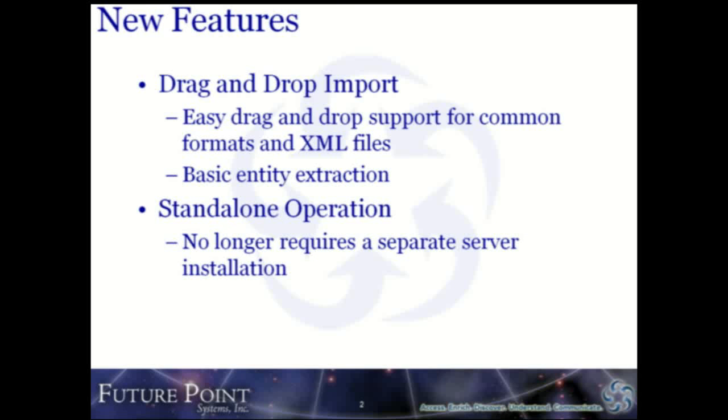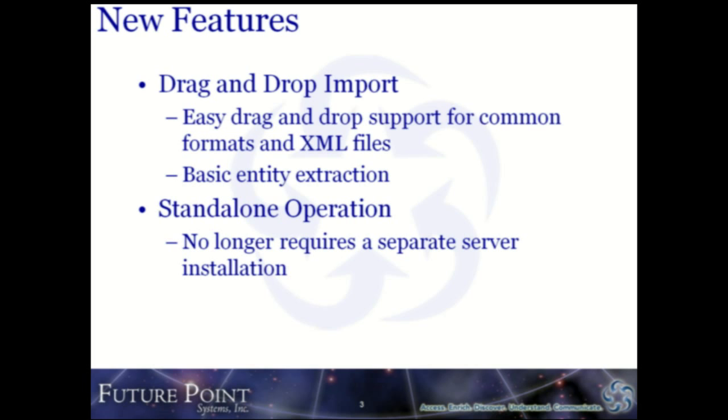So one of the first new features that I'll talk about here is drag and drop import. If you're familiar with prior versions of Starlight, it was somewhat difficult to get data into Starlight if it wasn't already formatted in XML. So one of the things that we did was enable Starlight, what used to be called the client, we're now calling it Starlight Viz, to take files directly from the desktop.